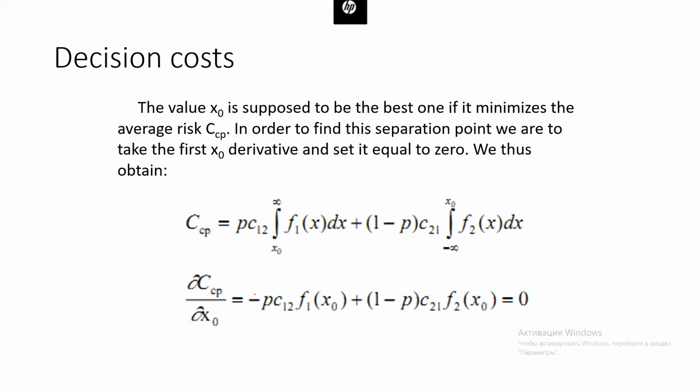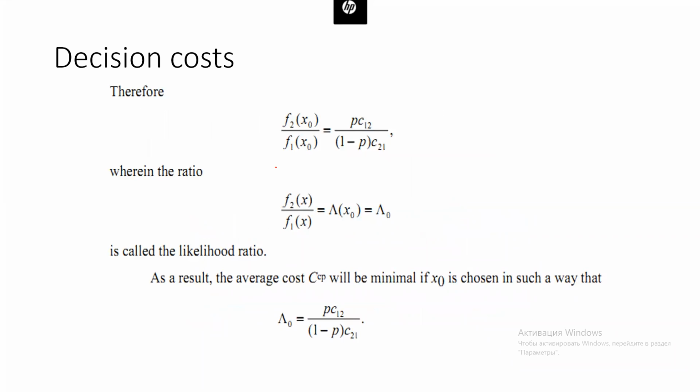We take the derivative, it should be equal to 0, and we solve this equation. We determine a new parameter, the likelihood ratio, and as a result the average cost will be minimal if x0 is chosen in such a way that our likelihood ratio is equal to the probability multiplied by the cost of the first type error divided by the same for the second type error.